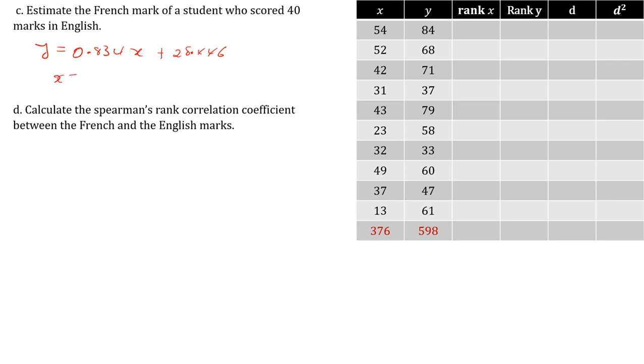So if you make x the subject, x will be y minus 28.446, all of this divided by 0.834. And so our y is 40. So we have 40 minus 28.446, all of this divided by 0.834.